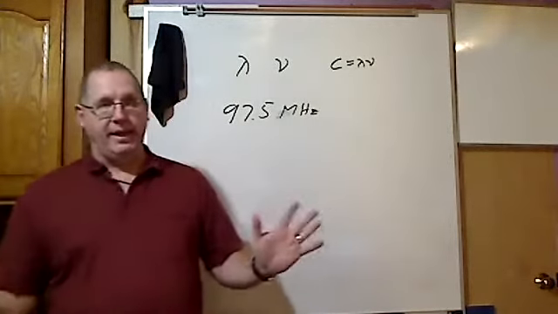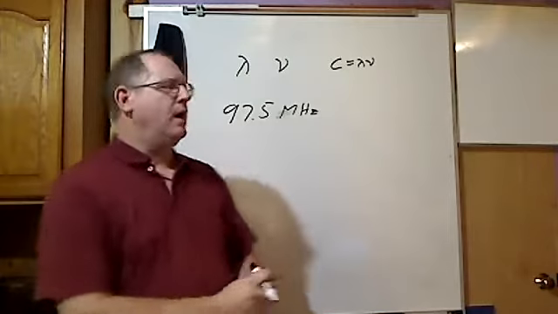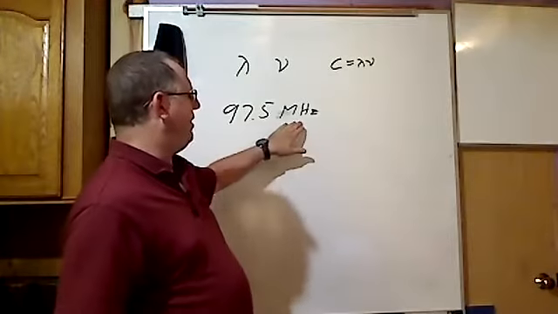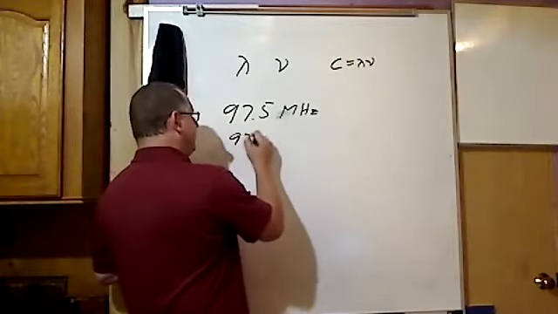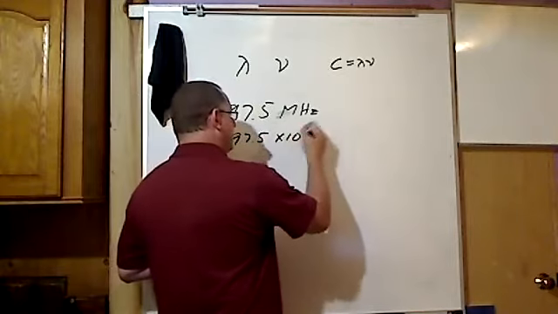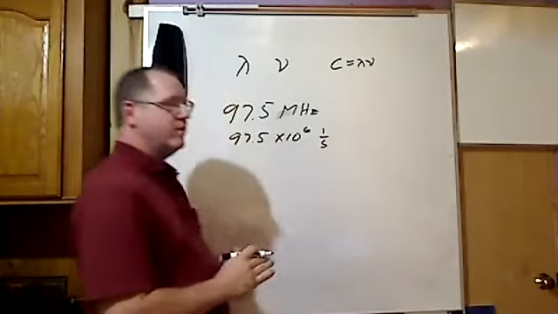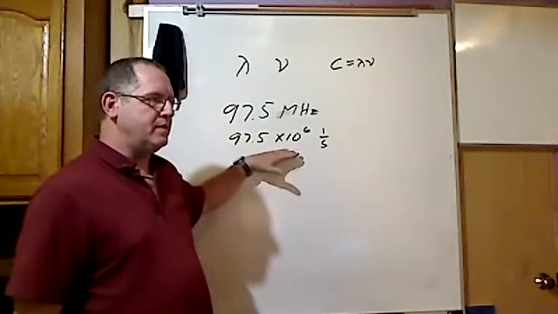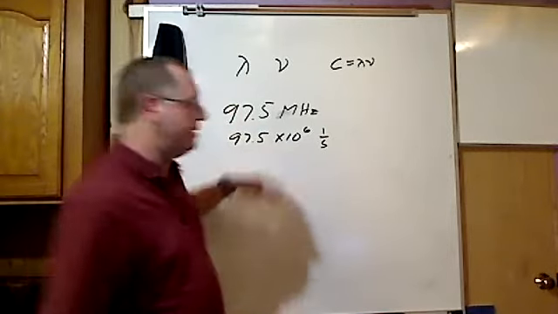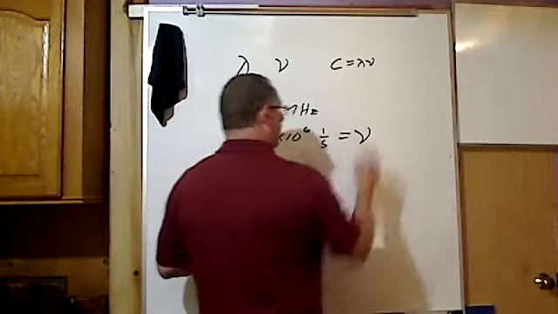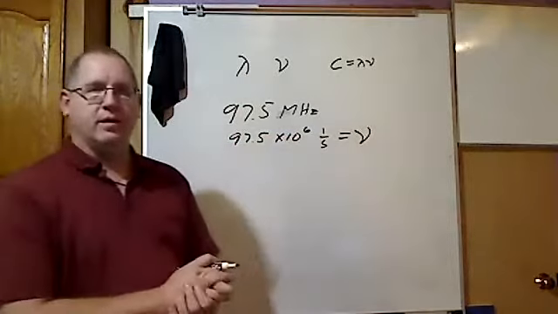So, 97.5 megahertz is the same as 97.5 times 10 to the 6th hertz. A hertz is 1 over a second. Now, if this is our frequency, what is the wavelength of this particular light?